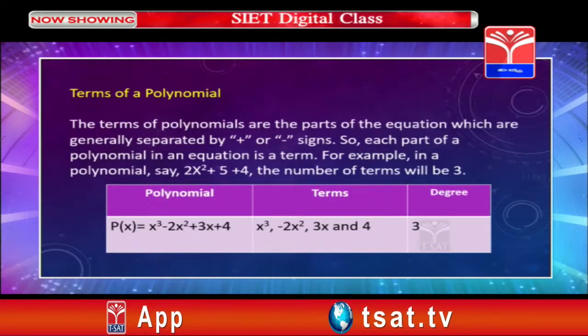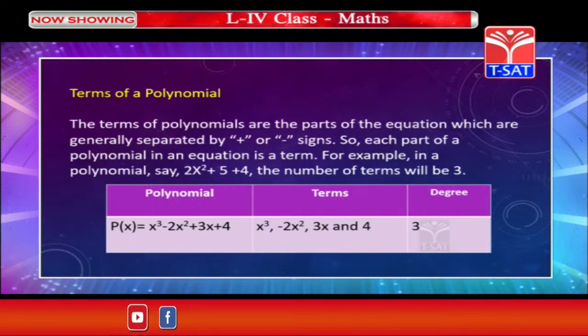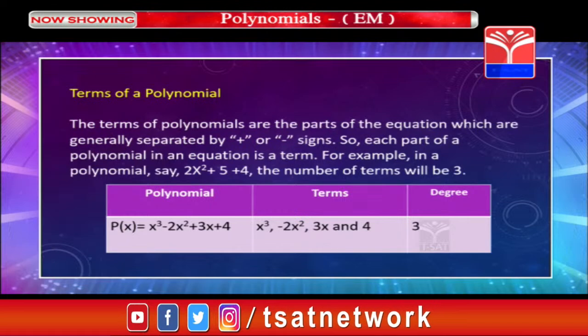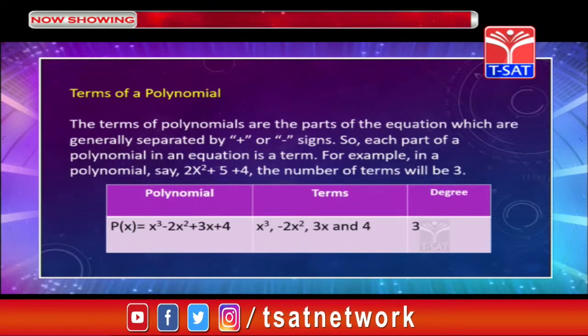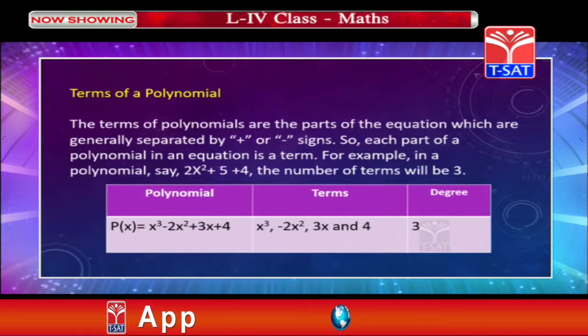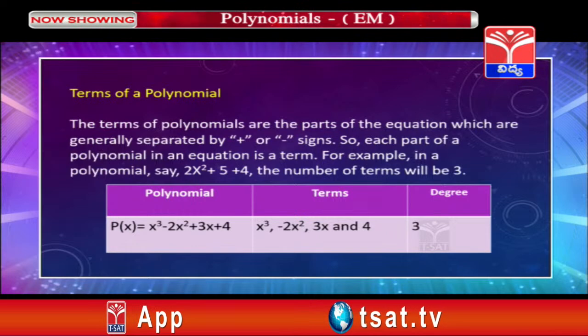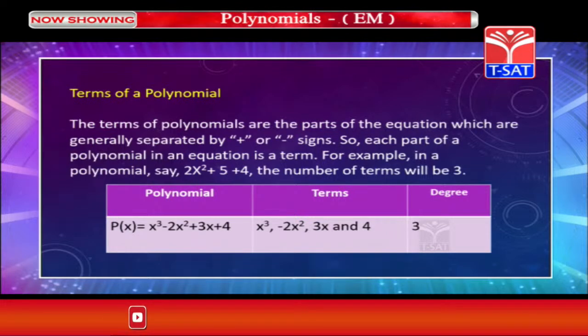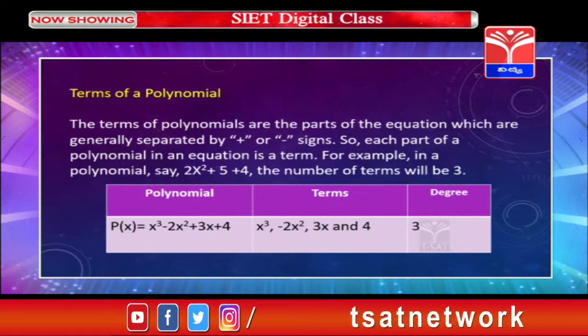The terms of the polynomial, next one. If you consider x cube minus 2x square plus 3x plus 4, x cube is one term, minus 2x square is a second term, 3x is a third term, and of course 4 is a fourth term. The terms of a polynomial are the parts of the equation which are generally separated by plus or minus signs.